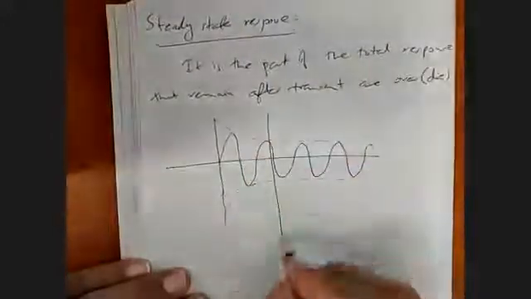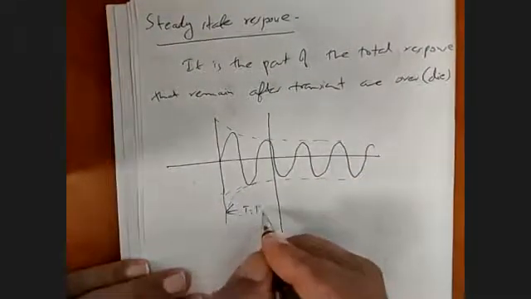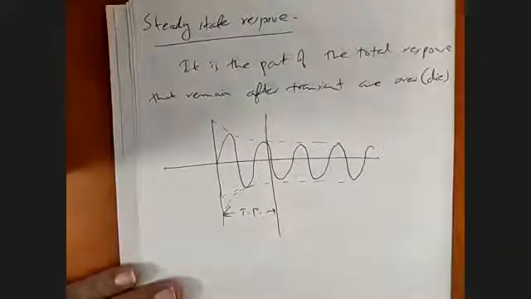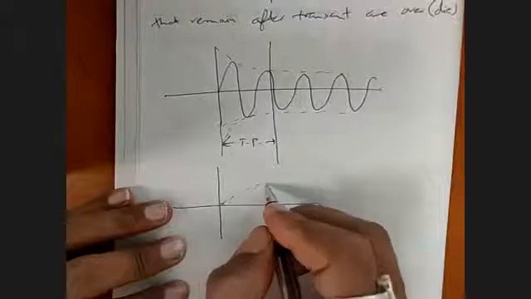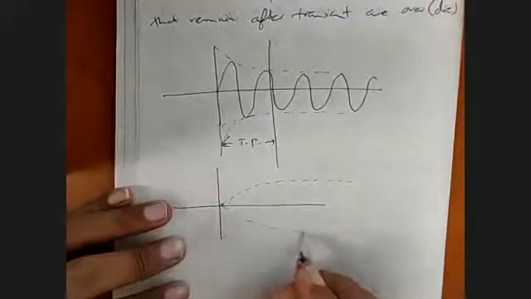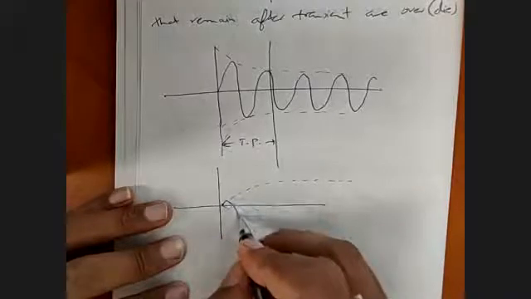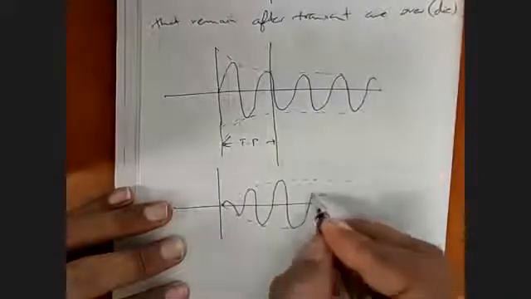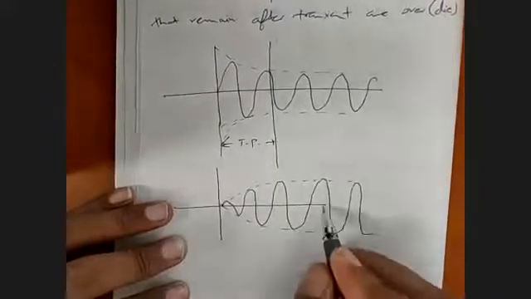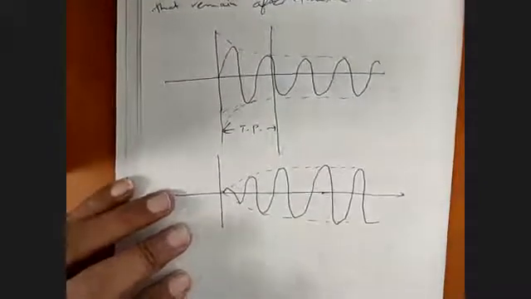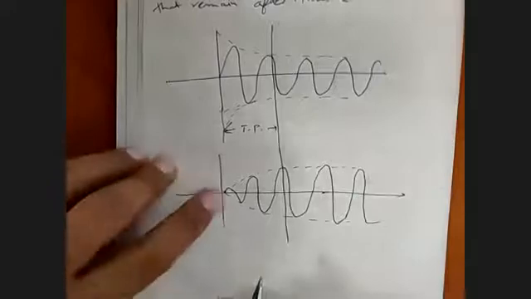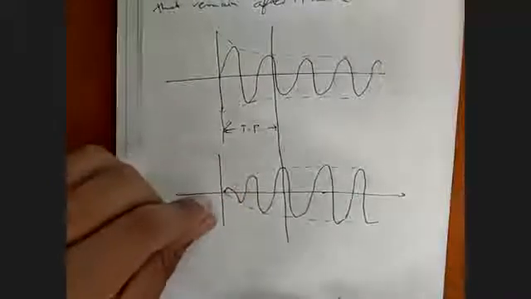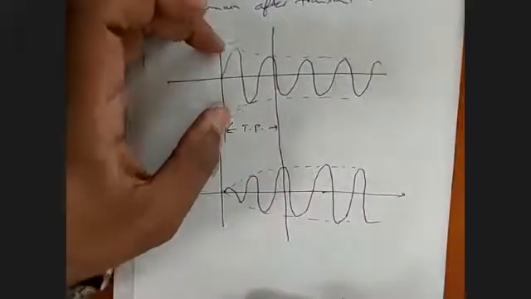So initially we have this as the transient period, when the signal is increasing or decreasing. It may be increasing or it may be decreasing. So in this also we have this as the transient period where the signal goes from 0 to a high value, and in this from a high value to a constant value.